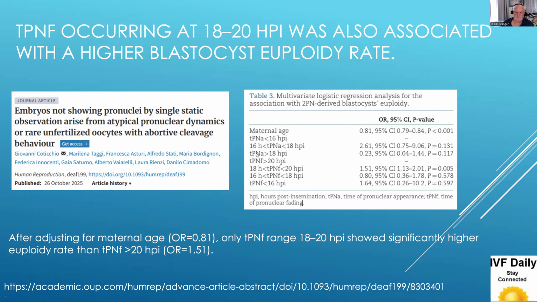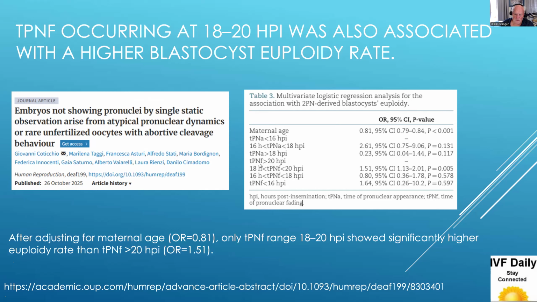But if you go back and look at this data, not only for blastocysts, but for euploid embryos, the relationship with age still exists, but when the pronuclei appear is less clear. So comparing embryos where the pronuclei appear before 16 hours to when there's delay, you can see that the difference is not significant. Even though there appears to be a better outcome, the difference is not significant.